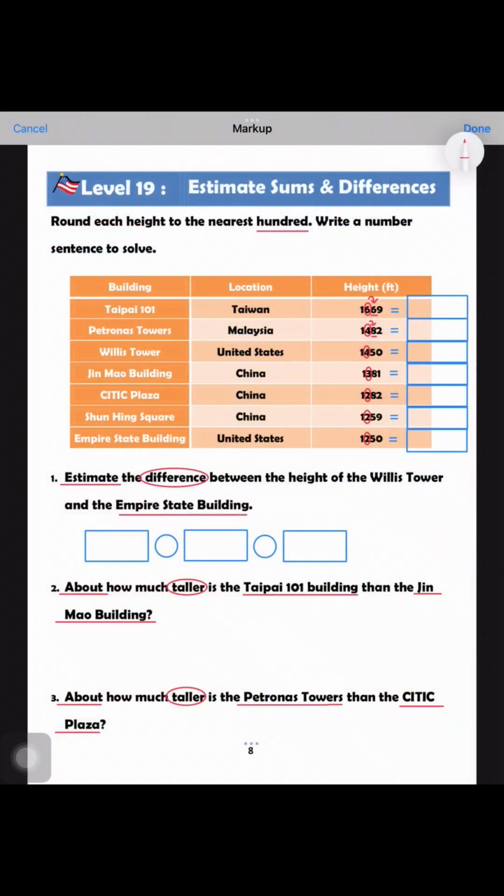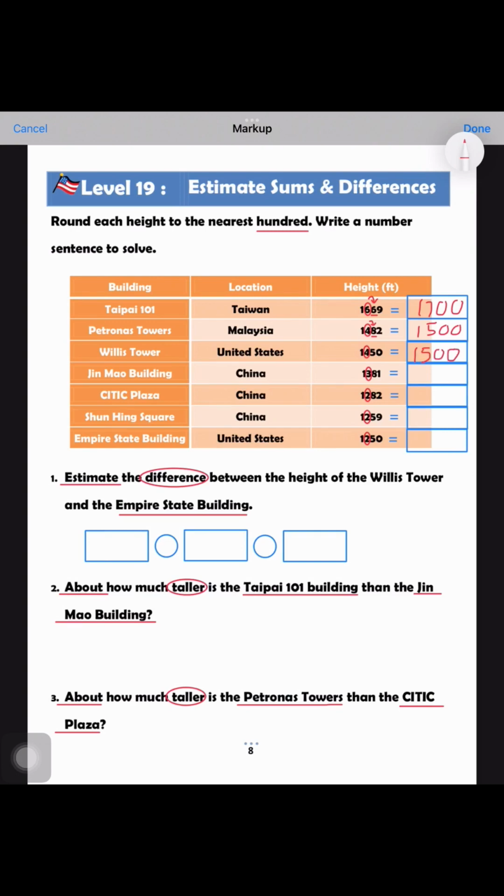Let's turn to page 8. Round each height to the nearest hundred. Write a number sentence to solve. So for the building in Taiwan, it is 1,669, and we will round it as 1,700. For the Malaysia one, we will round it to 1,500.